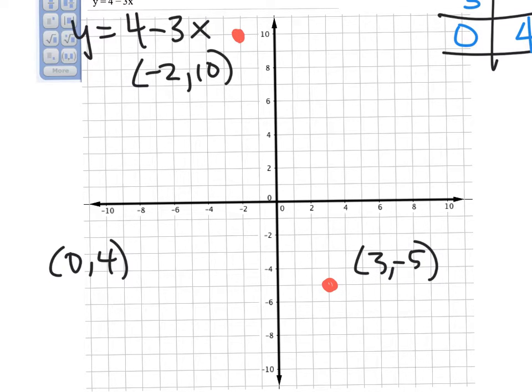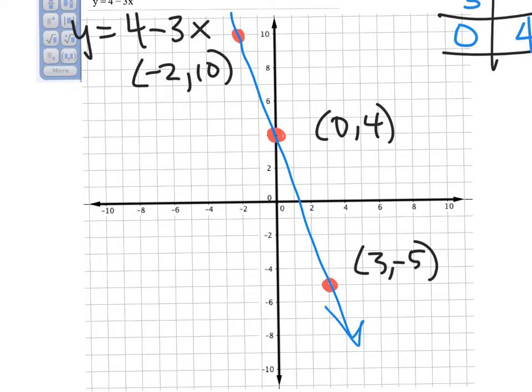And so here is the beginnings of what we think is our line, and this guy is going to be our tiebreaker, and it'll tell us if we did it right. So we have 0, 4. So where's 0, 4? Don't go left or right, just go up 4. So that means our point is right here. And yep, sure enough, it looks like our line goes right there. So our points, this one, I'm going to put it right here.